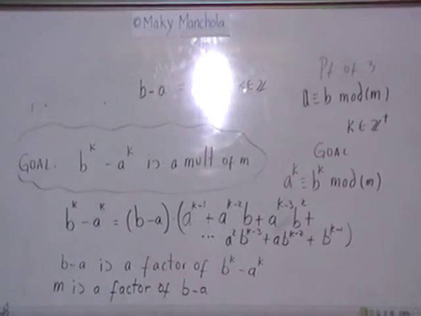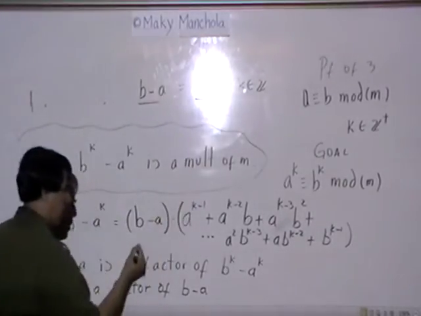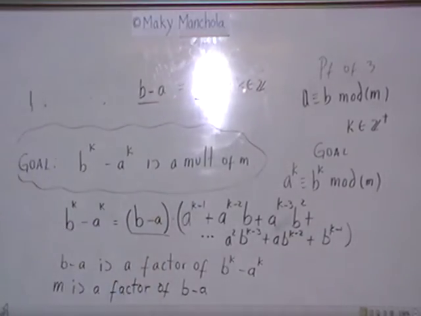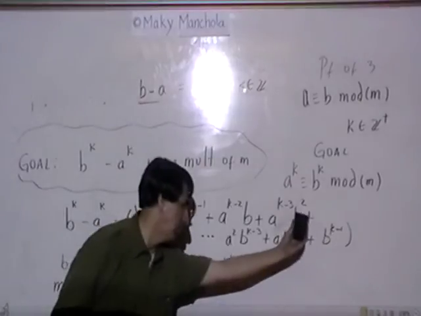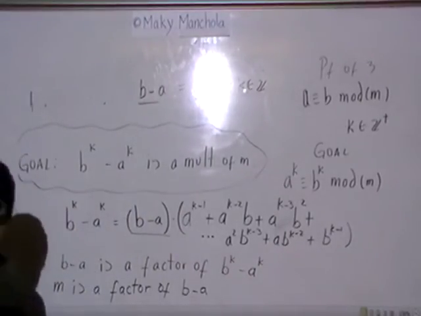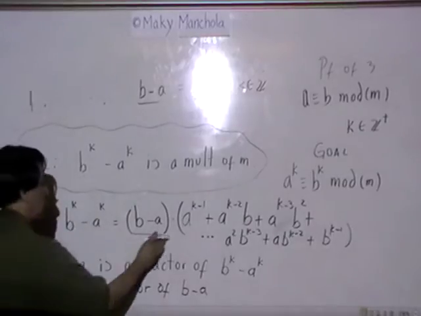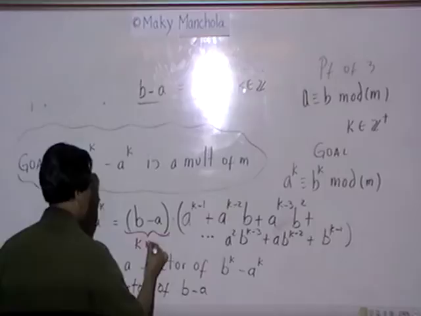You can write this strictly by just plugging in b minus a into the equality that expresses b to the k minus a to the k as b minus a times some other polynomial. So if you substitute b minus a, you get km.